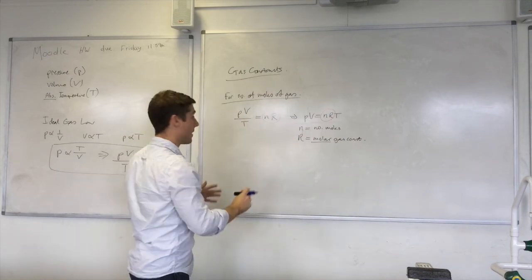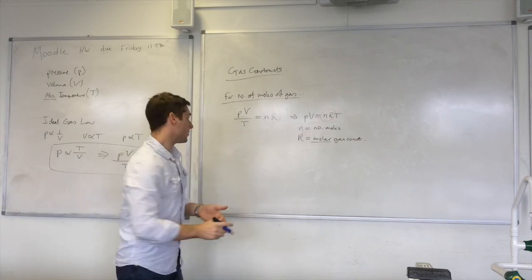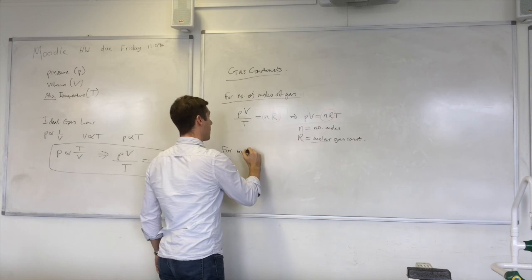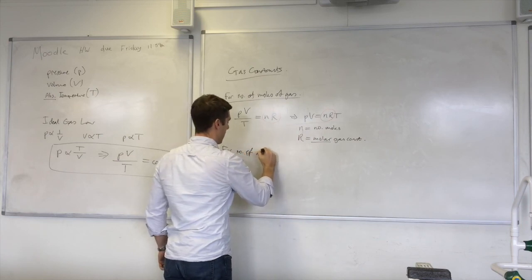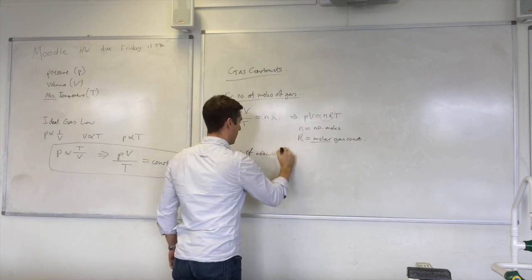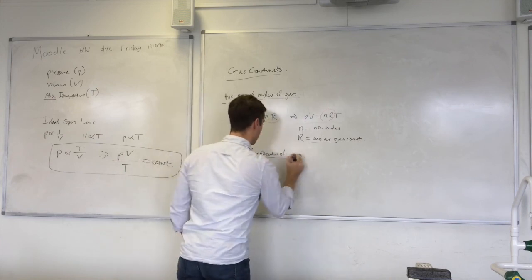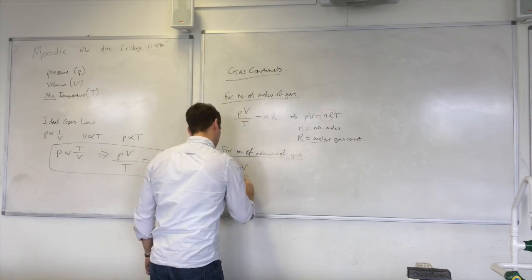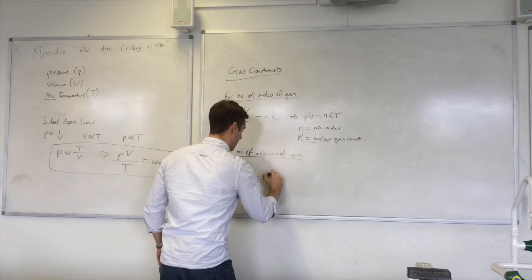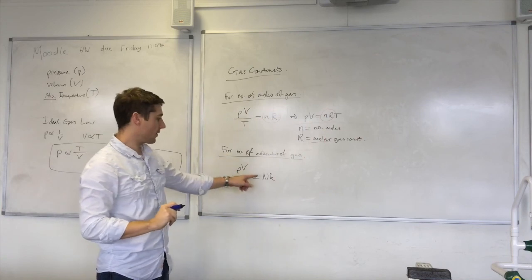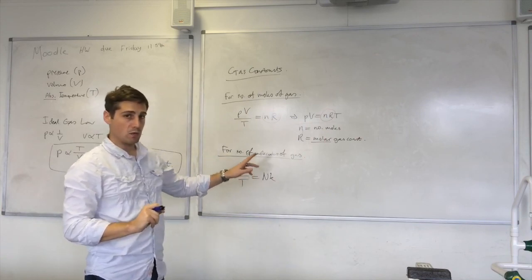Right, what if you have a number of molecules of gas? The relationship now is PV over T equals NK.